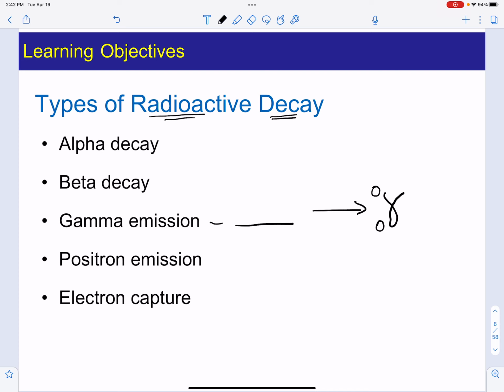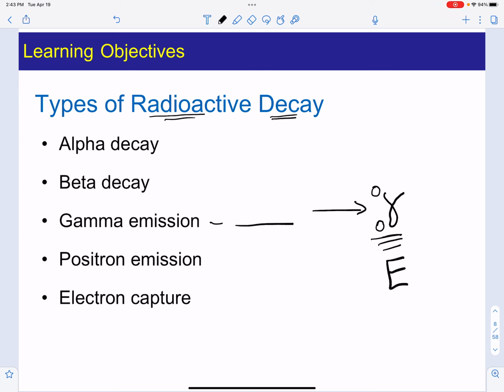So what happens is sometimes an element is very unstable. It releases an alpha particle or something like that, and after releasing that, it's still unstable. That means that it still has too much energy, so it just releases the energy by itself to reach final stability. So this is pure energy. So that's what decay means, or emission, or capture, or absorption.